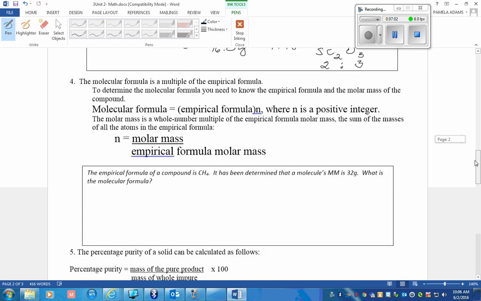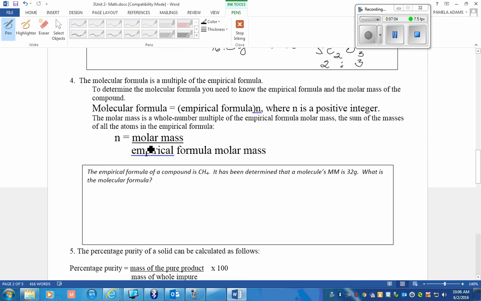Whole classes of elements have an empirical formula and then something called the molecular formula. A lot of organic compounds have an empirical formula, and then there are compounds that have whole number ratios that are multiples of the empirical formula.